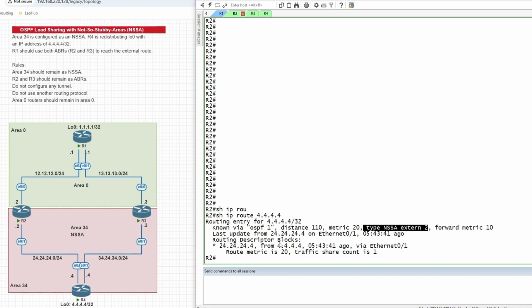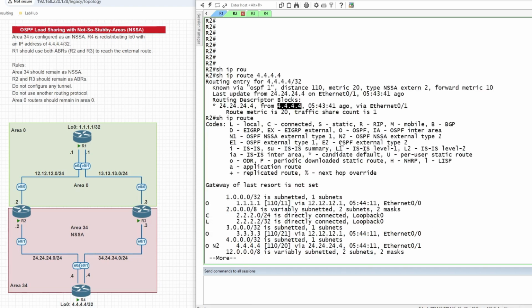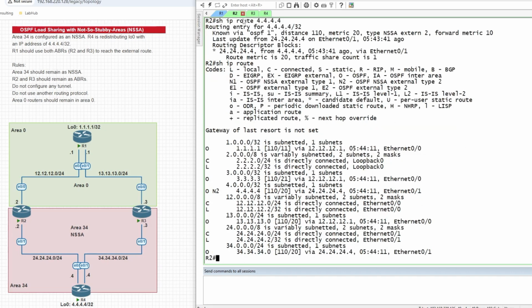And I learned this from 4.4.4.4, which is the router ID of R4. If you look at the route table without the specific prefix, we can see right here that the prefix 4.4.4.4 has been learned as OSPF type 7 external, N2, OSPF NSSA external type 2.